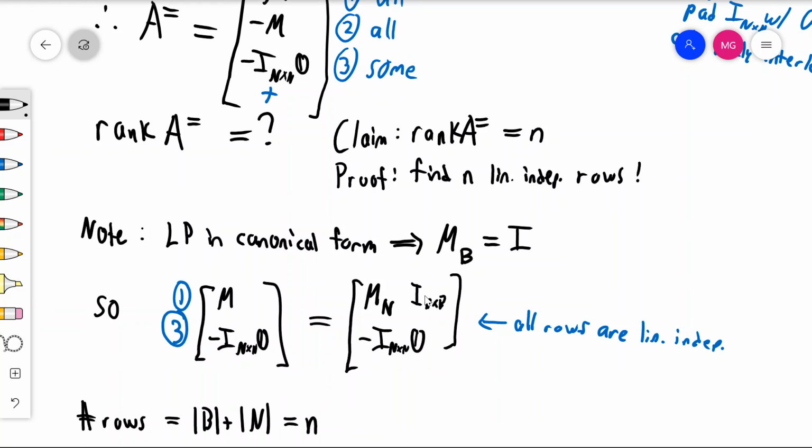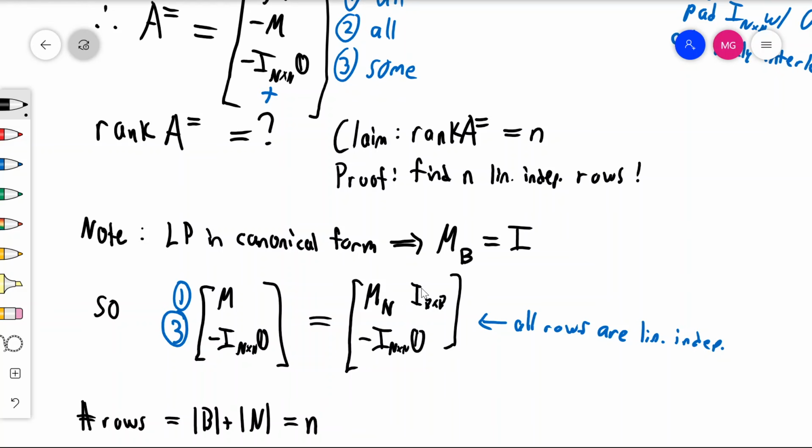If you want an even more straightforward way to see that all the rows are linearly independent, you can compute the determinant of this, and it's a square matrix, so the determinant can be computed, and it's non-zero. What you can do is reshuffle the rows and columns so that this identity block shows up as the left block, and this minus identity matrix shows up as the right block, and then this zero block is in the bottom left, and then for the M part you just flip each of the row blocks.